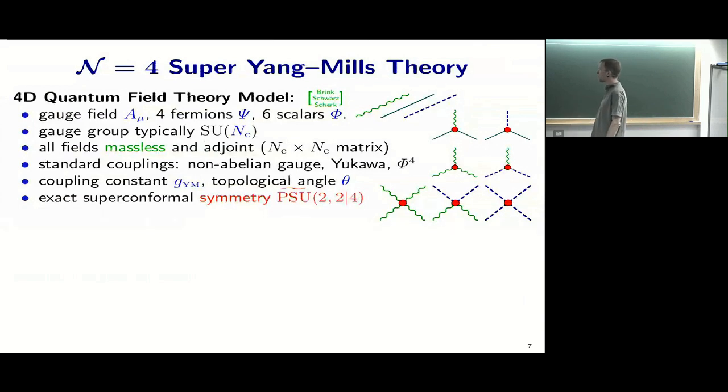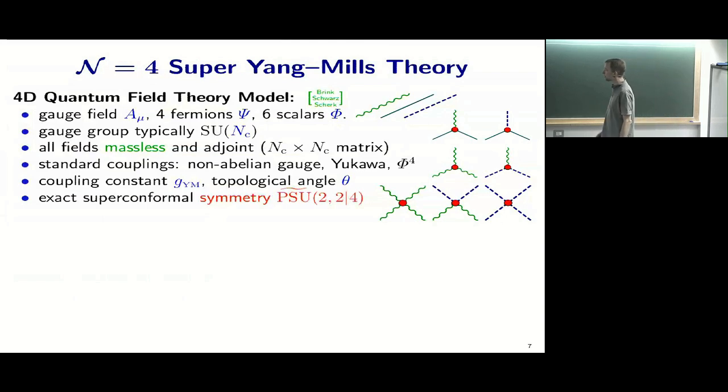But apart from that, you have rather standard couplings that you are used to from standard particle physics. So you have minimal gauge couplings, you have Yukawa type couplings, you have phi to the fourth couplings. But again, you have mostly just 2 coupling constants.